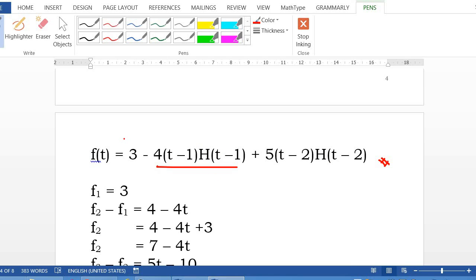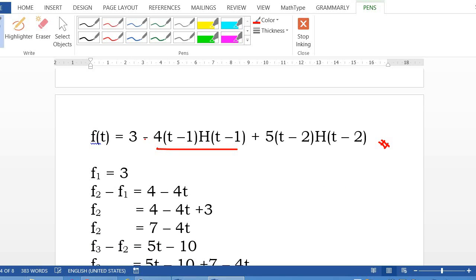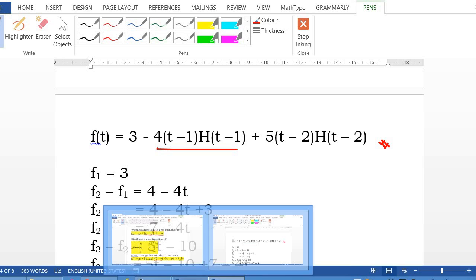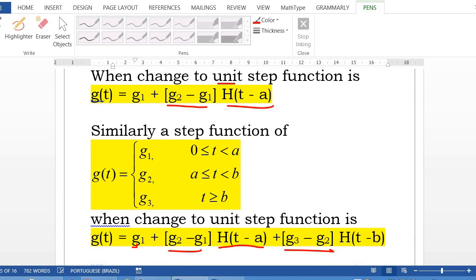Because in the step function form, f(t) is f1 plus (f2 minus f1) h(t minus a) plus (f3 minus f2) h(t minus b). We want to change back to step function because sometimes you may need to plot the graph of the function f(t).